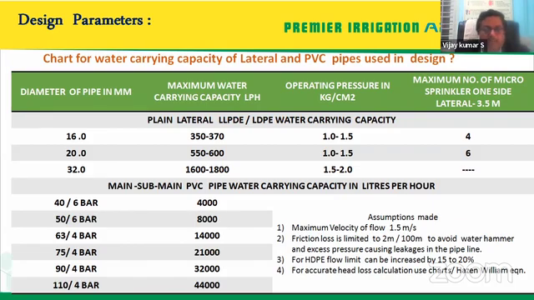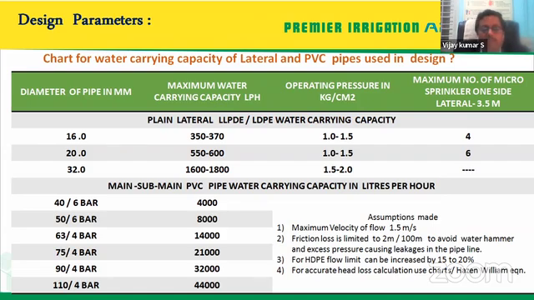I am just showing you for convenience what water is carried: 350 to 370 liters per hour for a 16 millimeter. For 20 millimeter, it will be around 550 to 600 liters per hour. And if it is a 32 millimeter that you are going to use as your distribution tubing, or the lateral line, as it is very commonly called, it is going to be 1600 to 1800 liters per hour.